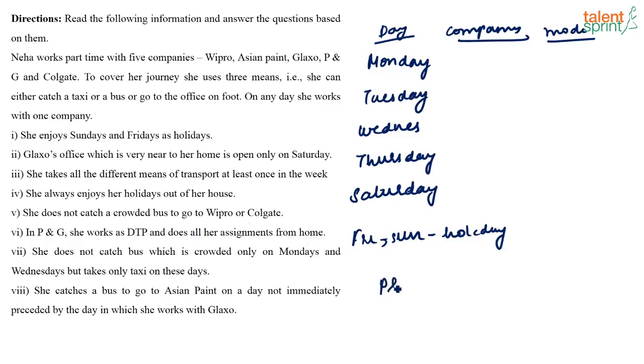So the day when she is working for Procter & Gamble, she is working from home. She is not using any mode of transport. She does not catch the bus, which is crowded, only on Mondays and Wednesdays, but only takes a taxi on these days. So on Mondays and Wednesdays, she will not go by bus and she will go by taxi. So this is fixed.